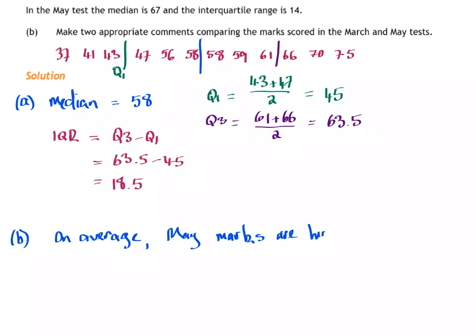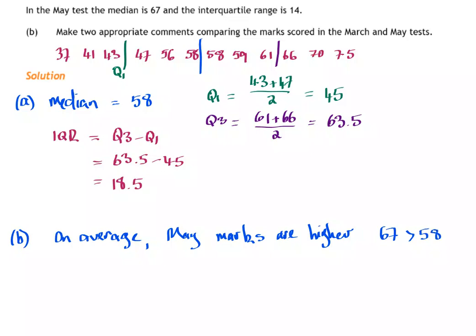And how is it that we know that? Well, it's because our median in May was 67, and 67 is of course greater than, so use the greater than symbol here, greater than our median for the initial set, which was 58. So it's all because we've compared those two.